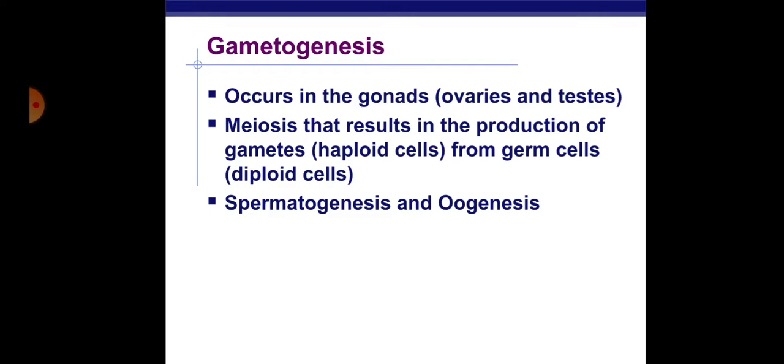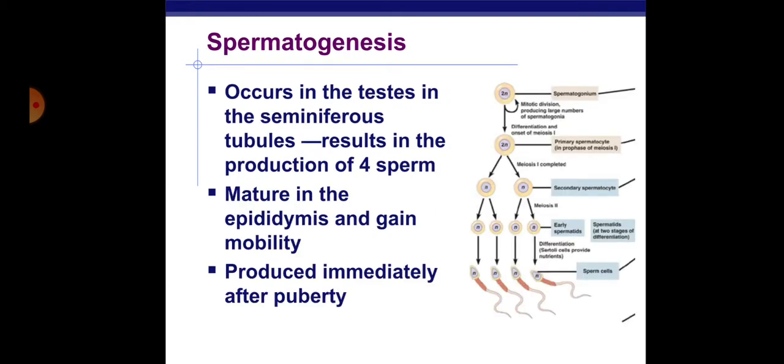This division is known as meiosis. Meiosis results in the production of gametes. Gametes are haploid cells from germ cells, which are diploid cells. Gametogenesis is further divided into spermatogenesis in males and oogenesis in females.